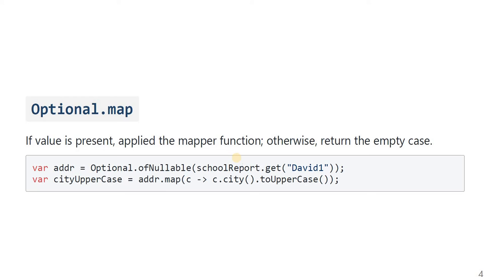Usually in an application, after we retrieve the data, we are trying to do something with the data. For example, here we are trying to uppercase the city name. So Optional has a method map. It gets the city name and uppercases it to the uppercase city.